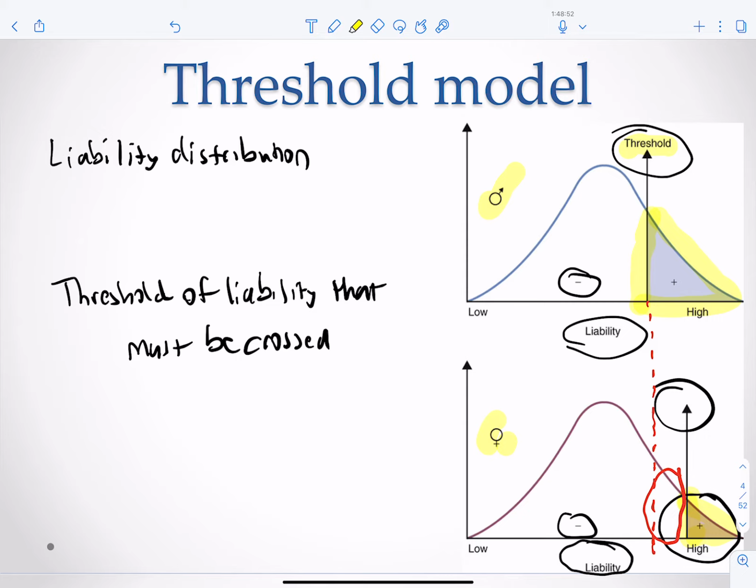That's known as liability. Males need fewer risk factors to reach the disease phenotype, whereas females need more. It's often thought that these are inherited risk factors that, when mixed with the environment, lead to the disease phenotype.